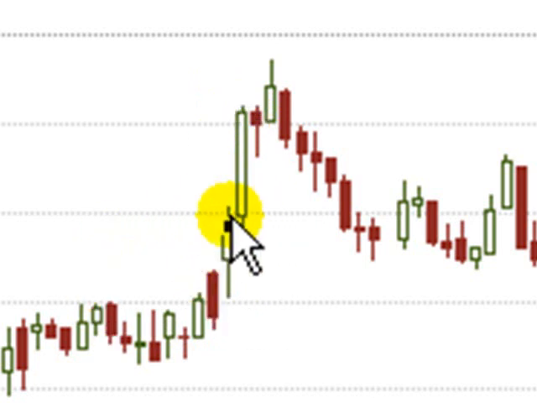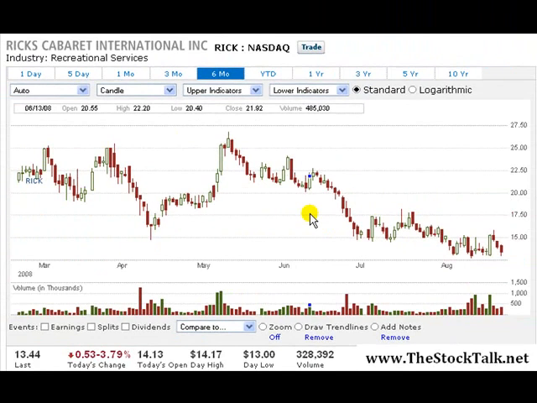If it finished up on the day, the bottom of the thick part is going to be the open, and the top of the thick part is going to be the close. And then this wick is going to be the extra range above and below the open and close, which is very important. The day's range is very important as well. And TradeKing has a nice little blue ball that accompanies this, so you can easily see what volume is accompanied with what price.